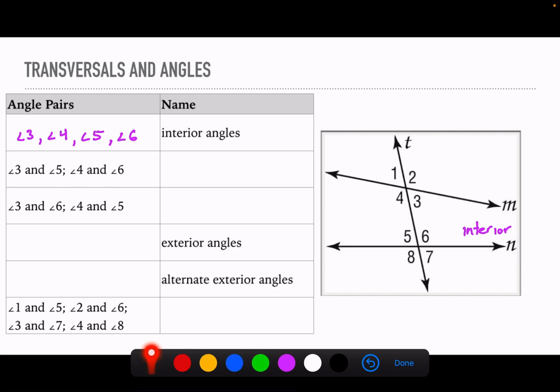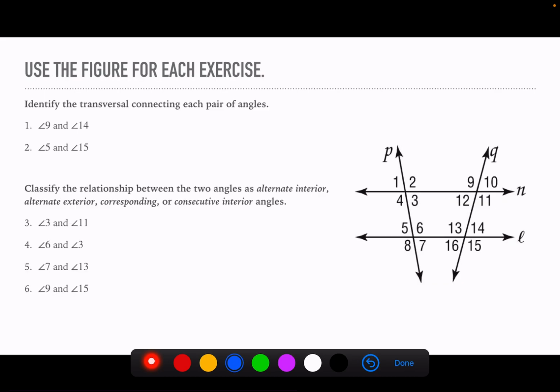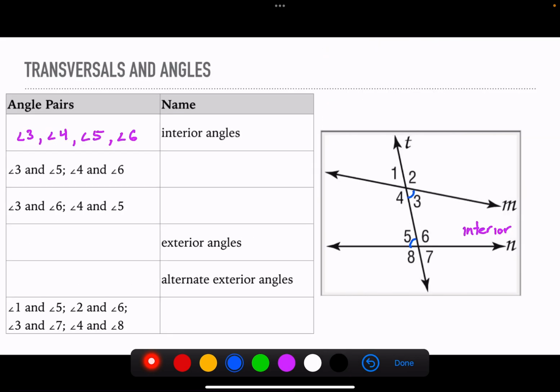Now, when we look at 3, when we look at 5, when we look at 4, and we look at 6, what happens is, if we look at 3 and 5, let's just look at 3 and 5, okay? We end up with this angle, and we end up with this angle. So with these 2 angles, what we can say is they're alternating the transversal. Alternating means switching sides.